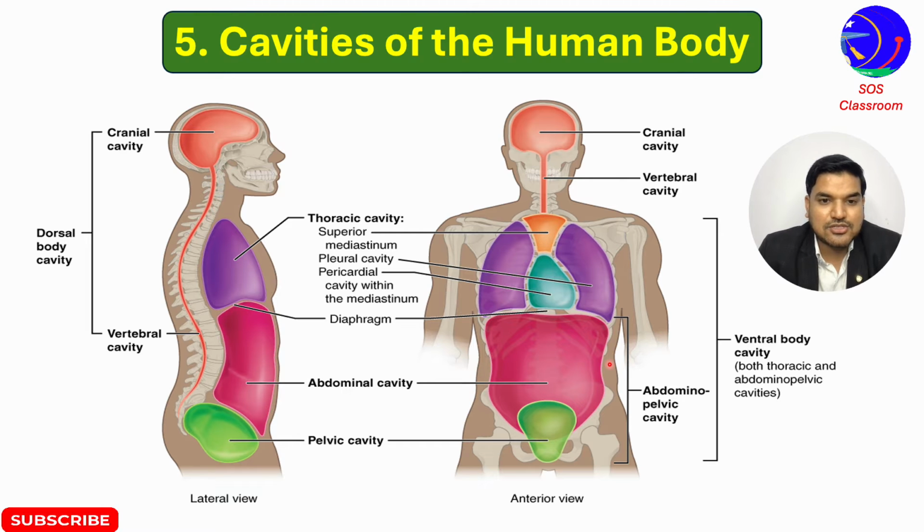The abdominal cavity and pelvic cavity combined together we call the abdominopelvic cavity. So this is the thoracic cavity and this is the abdominopelvic cavity. Abdominopelvic cavity means the abdominal cavity and pelvic cavity joined together. So this is all about the cavities of the human body.